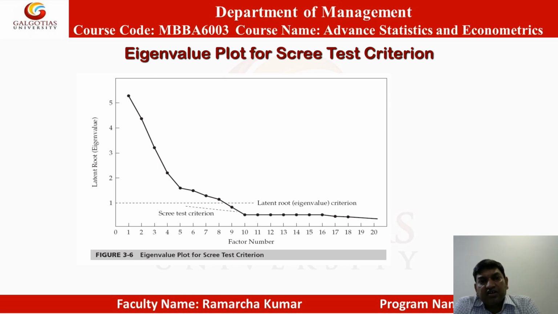If on the basis of the latent root criterion we look at eigenvalue greater than 1, then we will be able to select 8 factors, because for 9 the value is less than 1. For the Scree test criterion, you see it is 10, because after 10 there is a gradual decrease in the value of the eigenvalue.